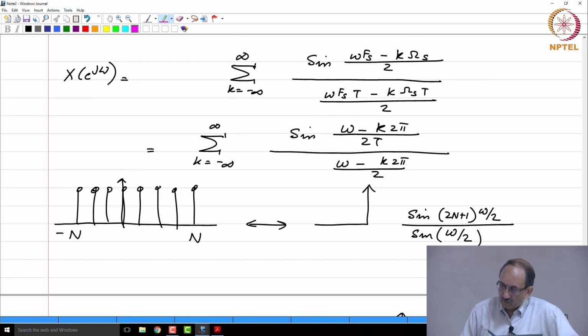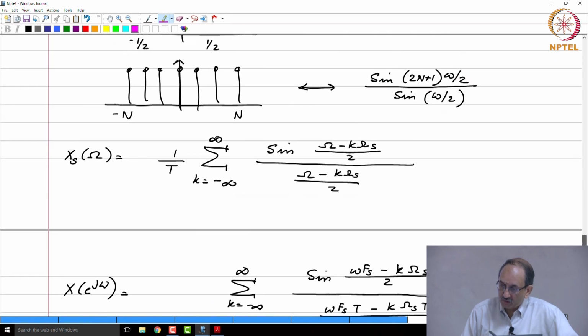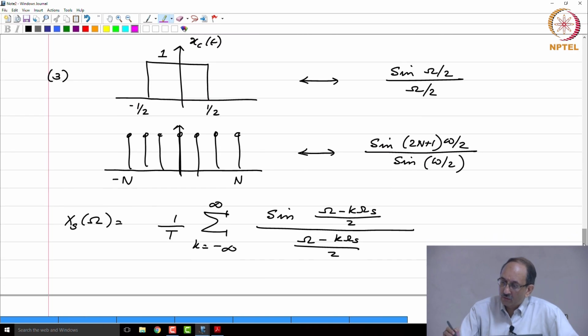The other important assumption that is made here going from this to this is that when you take samples, you are taking samples like this.